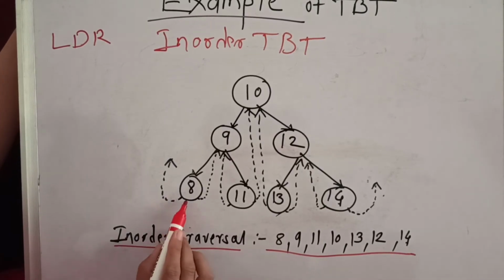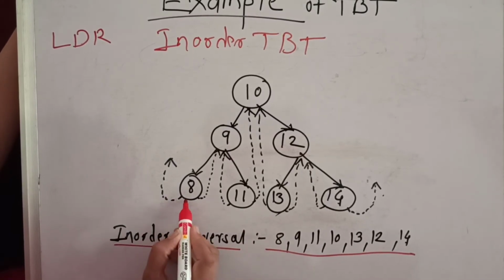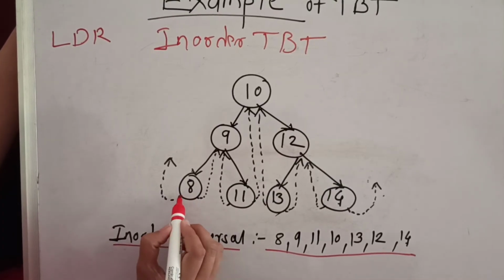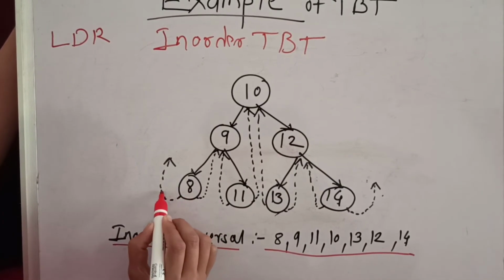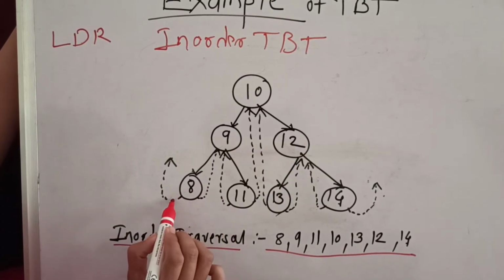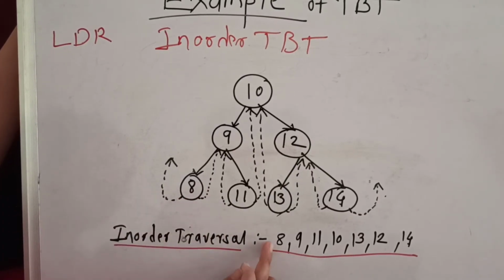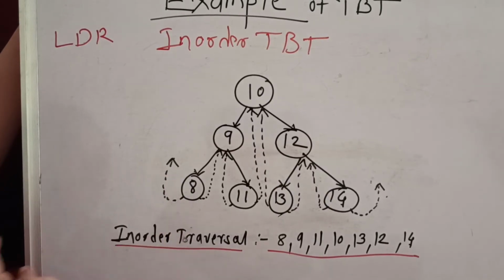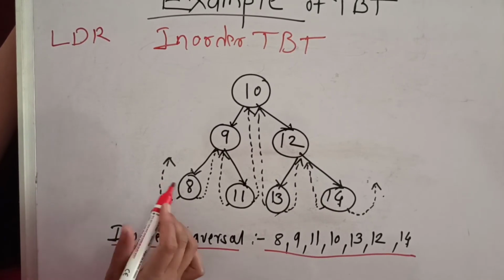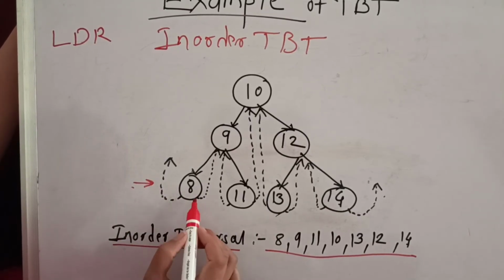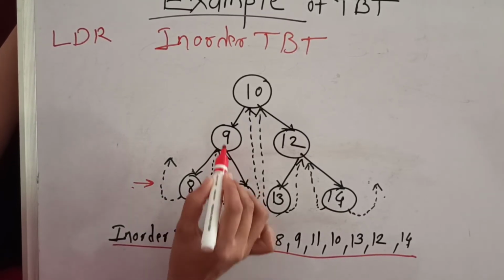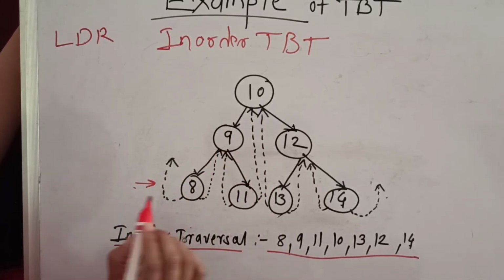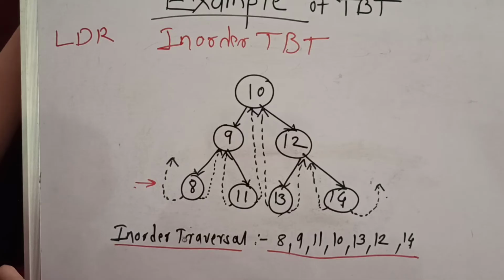Here is the first value with nulls: 8 does not have any left child or right child, so we can set threads on the left side and the right side. On the left side, for this 8, no predecessor element is present, so we have set the thread this way. This is one free thread. Then for 8, 9 is the in order successor, so I have set the thread this way.